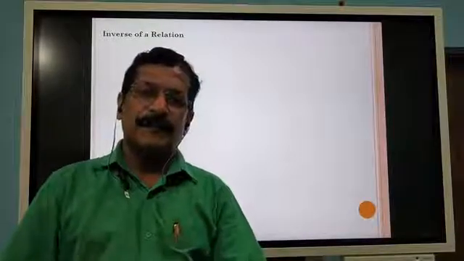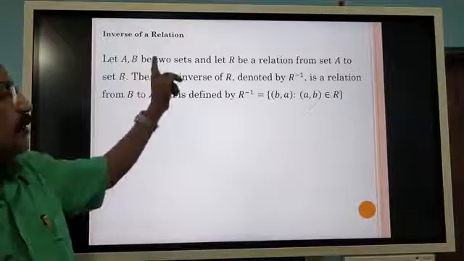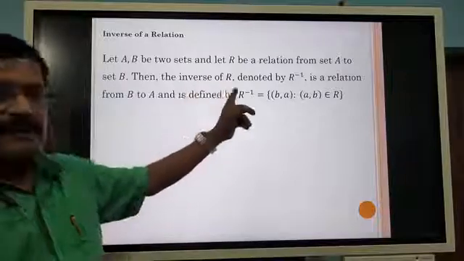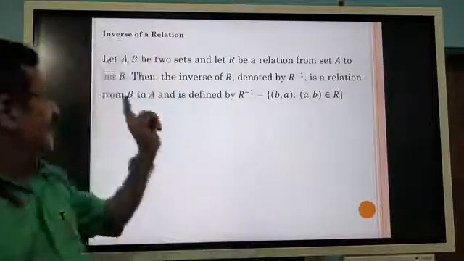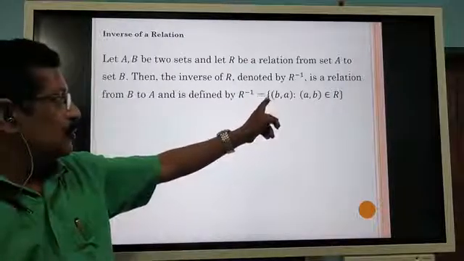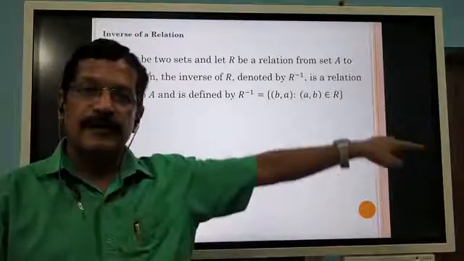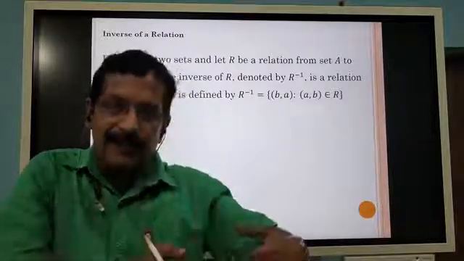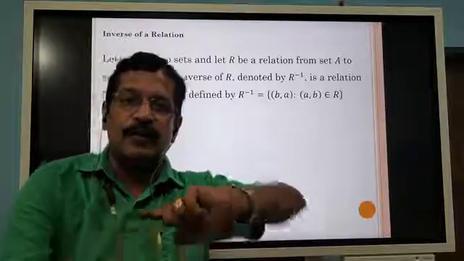Let R be a relation from set A to set B. Then the inverse of R, denoted by R inverse, is a relation from B to A and is defined by R inverse equal to the set of all ordered pairs (b, a) such that (a, b) belongs to R. So write the ordered pairs belonging to R in reverse order: the first component becomes the second component and the second component becomes the first component.